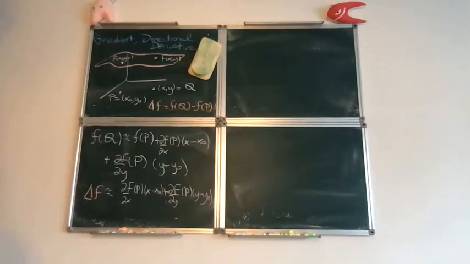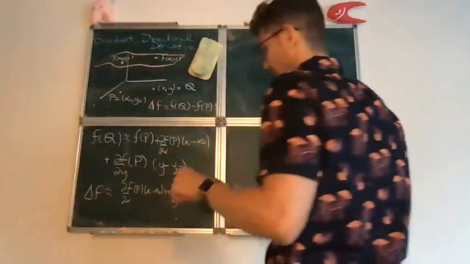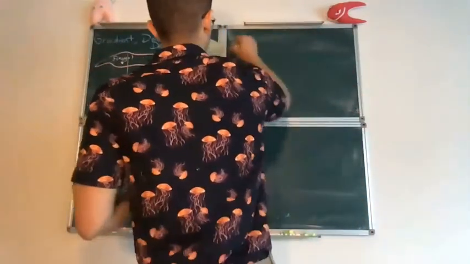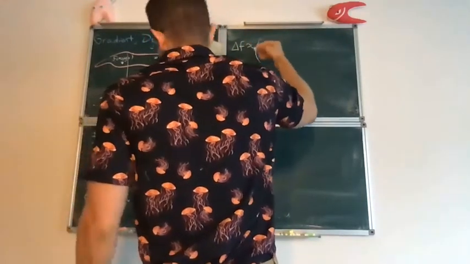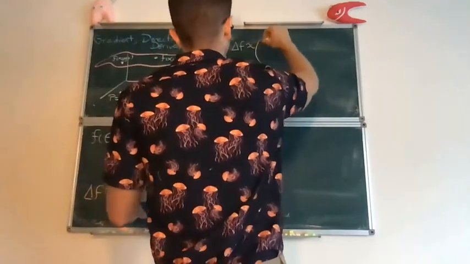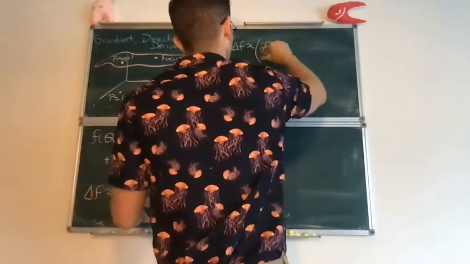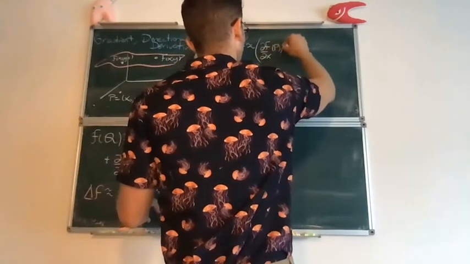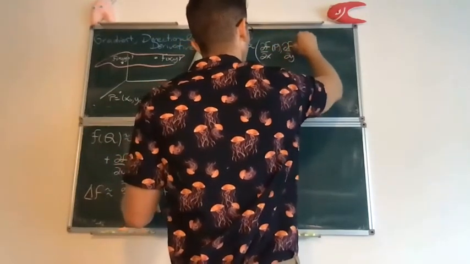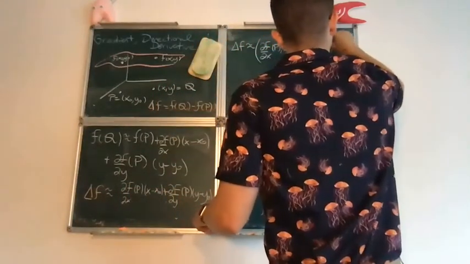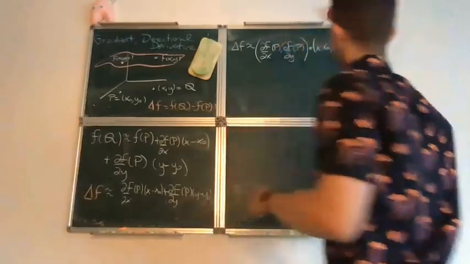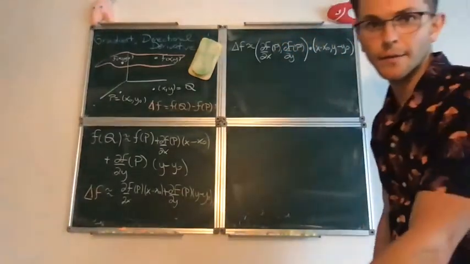Okay? But again, just to see where we're headed, you can think of this as actually a useful dot product. So you actually get that delta f is approximately the same as a dot product.